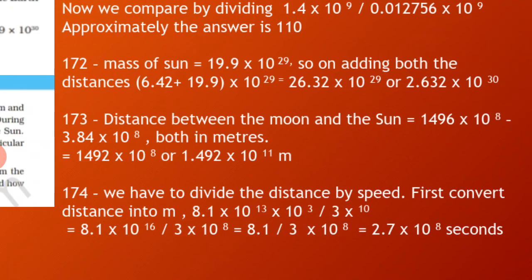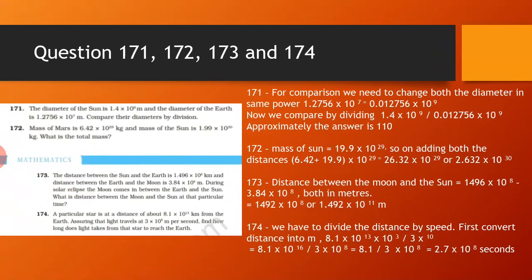Now when we do 8.1 into 10 raised to power 16 divided by 3 into 10 raised to power 8, it becomes 8.1 by 3 into 10 raised to power 8. If you divide 8.1 by 3, you will get 2.7. So 2.7 into 10 raised to power 8 seconds is the answer. Always remember that you have to bring both the values, both the units, into the same unit.